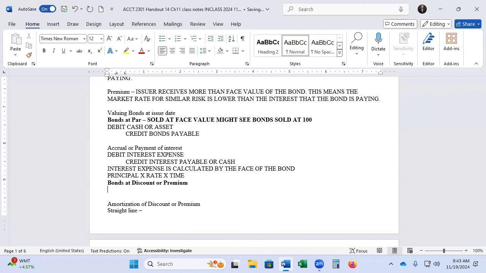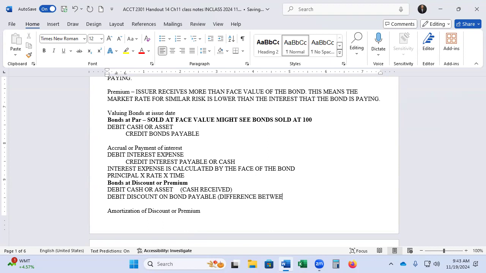Bonds at a discount or a premium. So you would debit cash, asset. You would debit discount on bond payable, and this is the difference between cash and the bond.